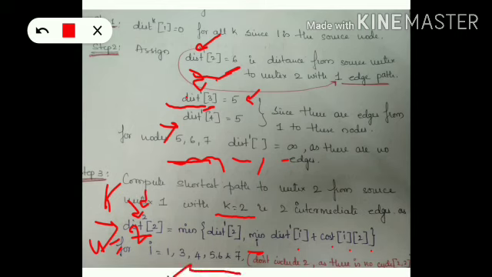Please note here I am not making use of i's value equal to 2 because I don't have a cycle from vertex 2 to 2 itself. In the case of the Bellman-Ford algorithm, it will not work when you have cycles. So in the graph we do not have a cycle from 2 to 2.